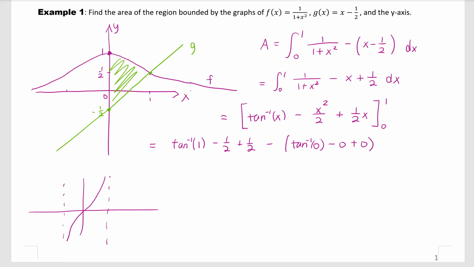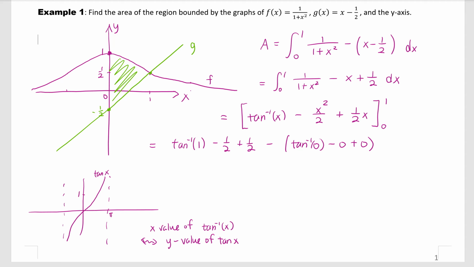So the x value of the arctangent corresponds to the y value of the tangent. In this case, the x value is 1, so that corresponds to the y value of the tangent being 1.